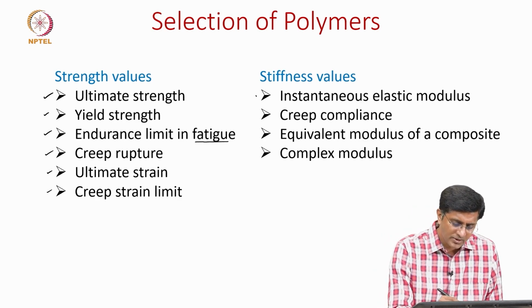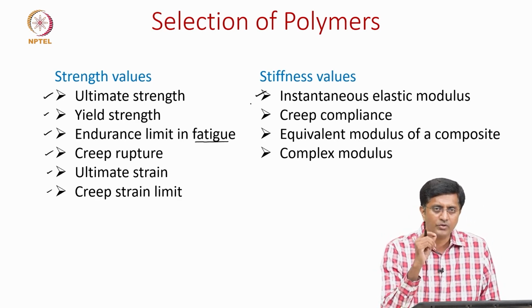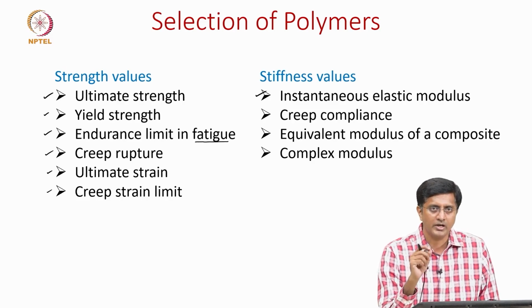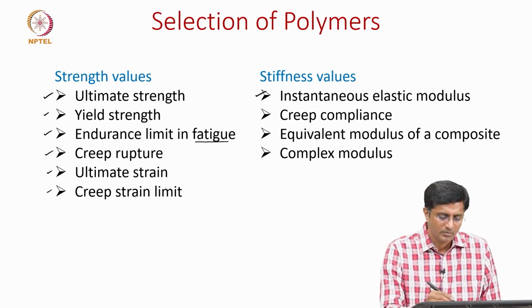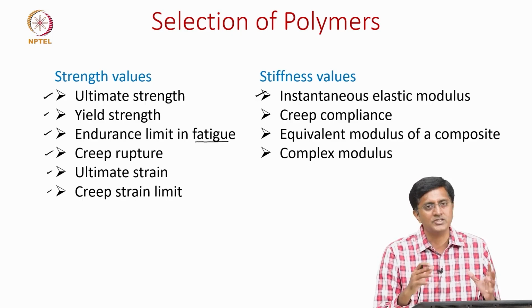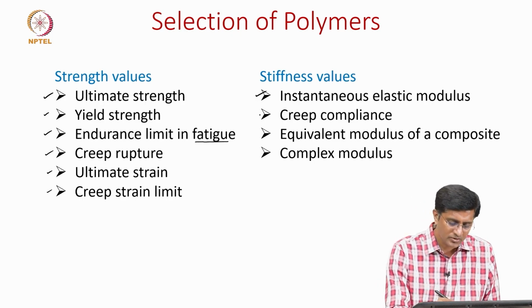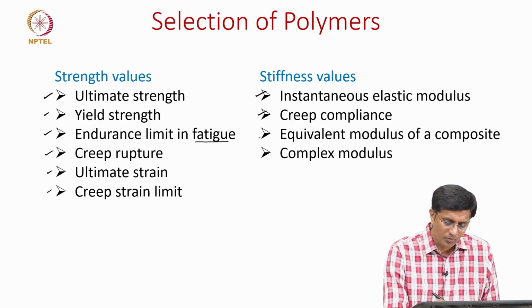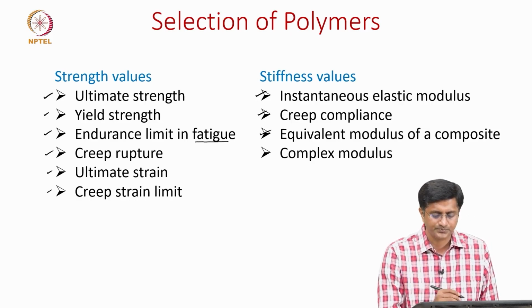we can look at the instantaneous elastic modulus if we are only focused on the response instantaneously or at very short periods of time. But let us say we are looking for larger periods of time, then we also need to look into the creep compliance or the equivalent modulus of the composite.